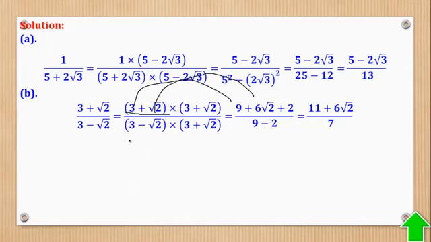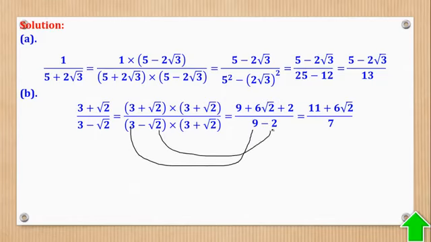So twice the product means 2 times 3 times root 2, which gives you 6 root 2. Then plus the square of this, which is 2. That is for the numerator. What about for the denominator? For the denominator, it is the difference of two squares. So this squared minus this squared. You rather that you come up with an integer denominator, and that's what they wanted.